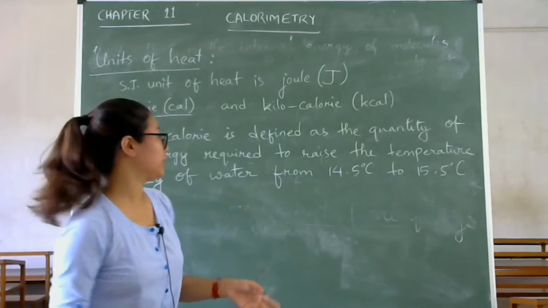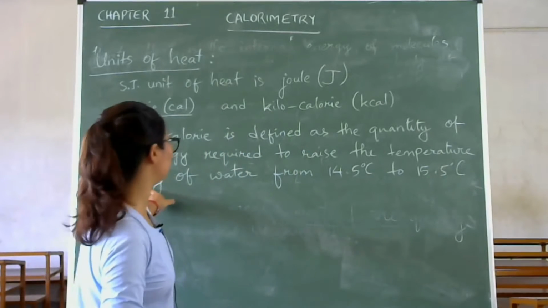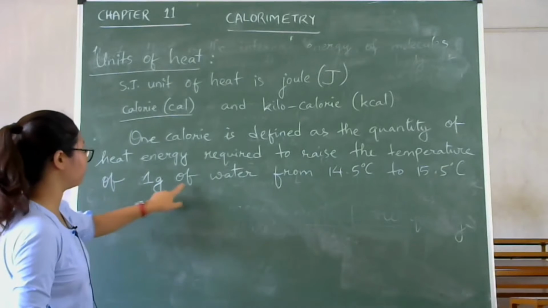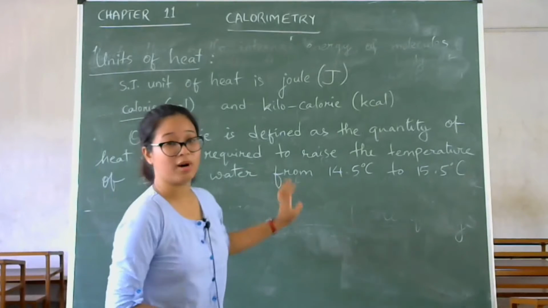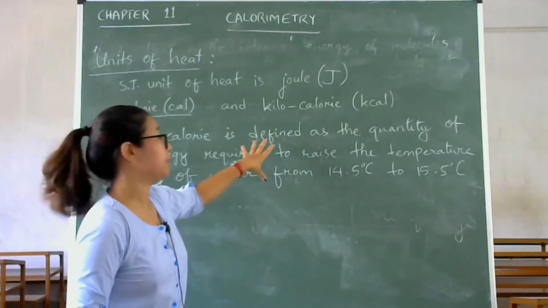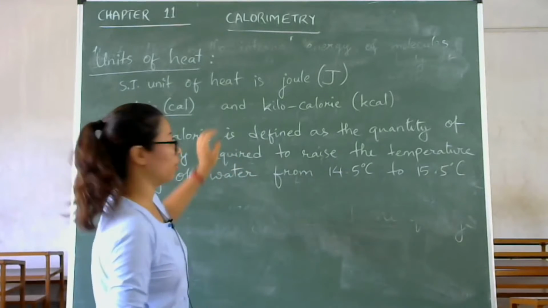In the previous definition, we said it is the amount of energy required to raise the temperature of 1 gram of water by 1 degree Celsius. But this is the precise definition of 1 calorie.